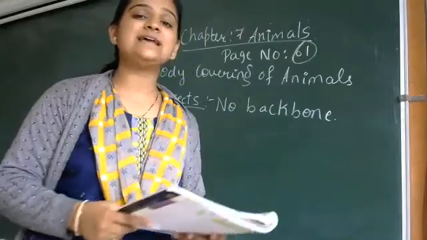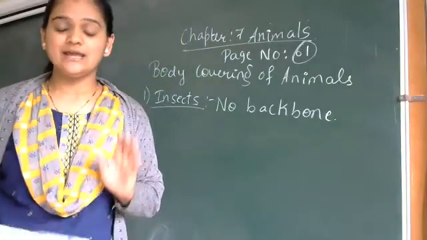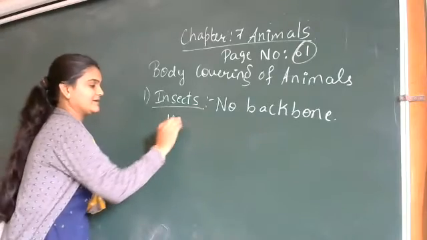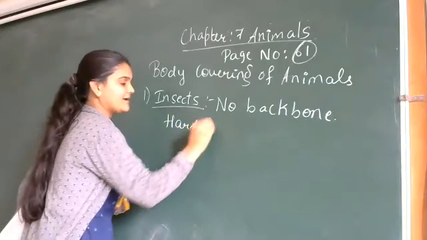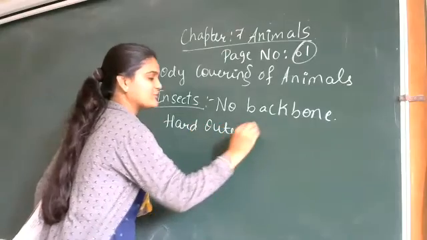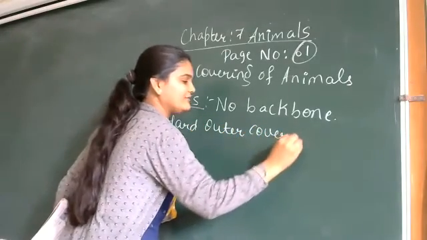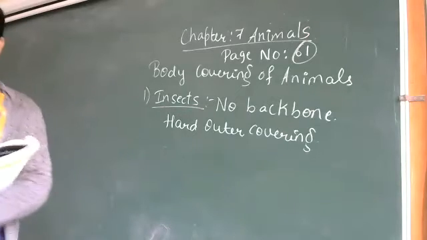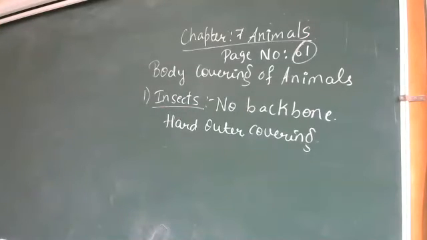So insects do not have a backbone, but they have what? A hard outer covering, which protects them from the environment and gives support to their bodies.